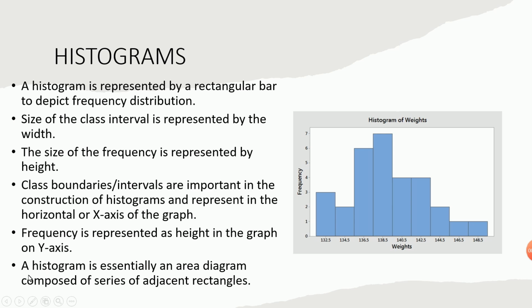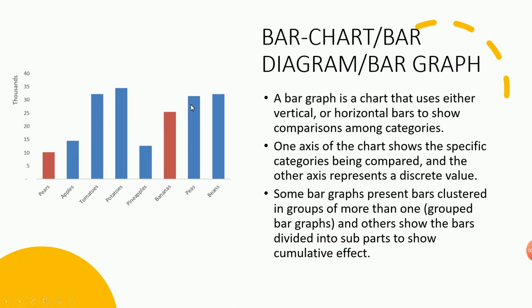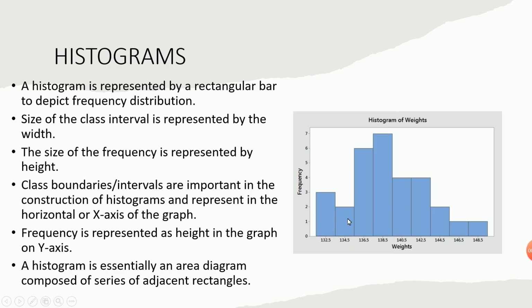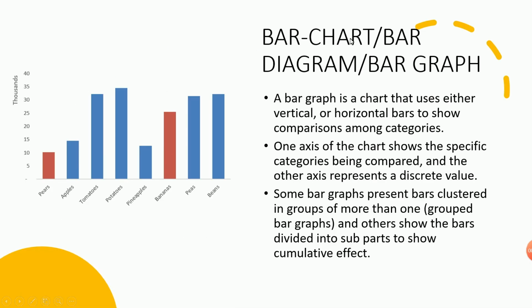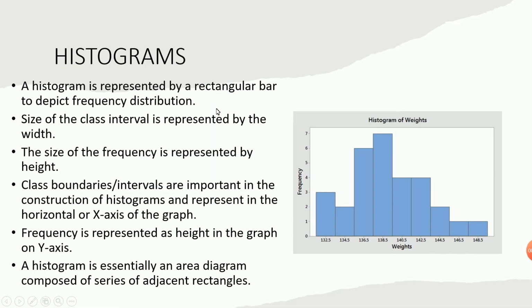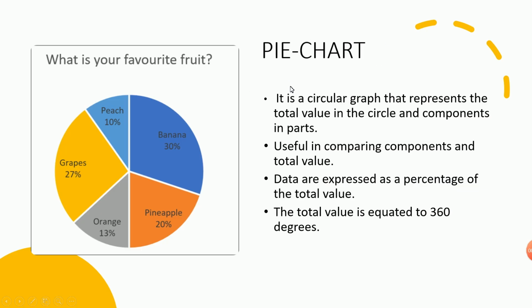A histogram is essentially an area diagram composed of a series of adjacent rectangles. In a bar chart, it is a series of non-adjacent rectangles, but here it is a series of adjacent rectangles. That is the difference between bar chart and histograms. Now moving on to pie chart.